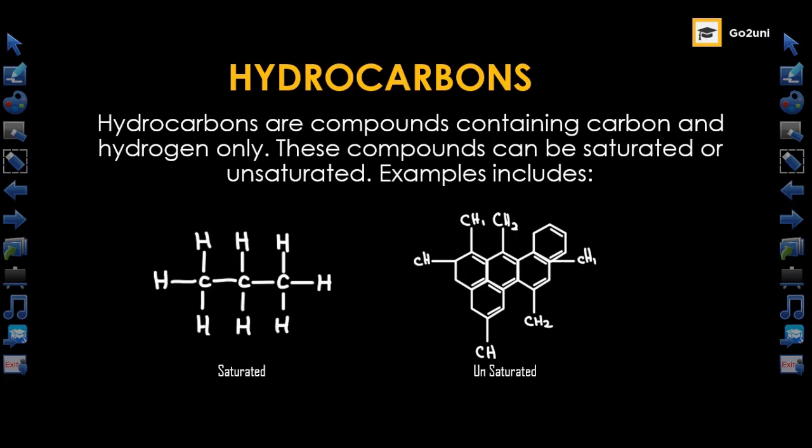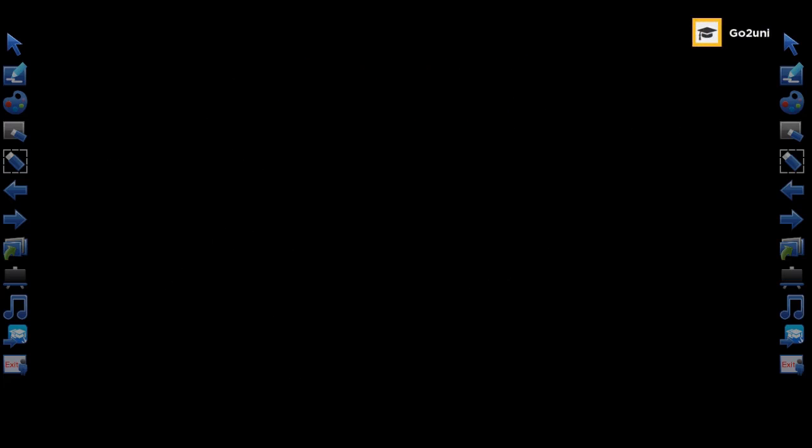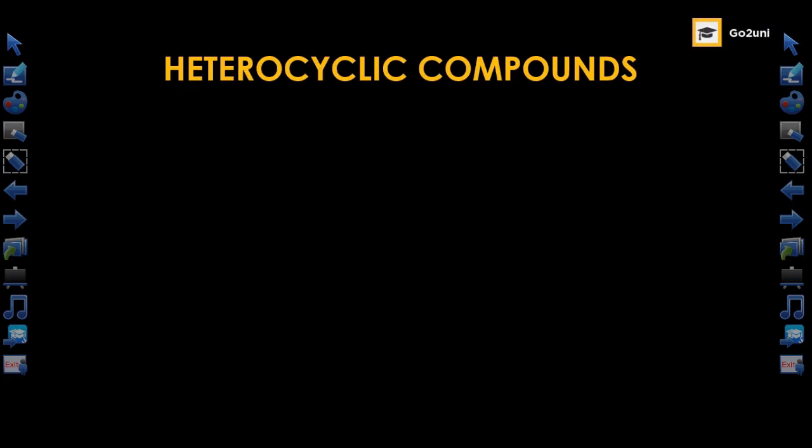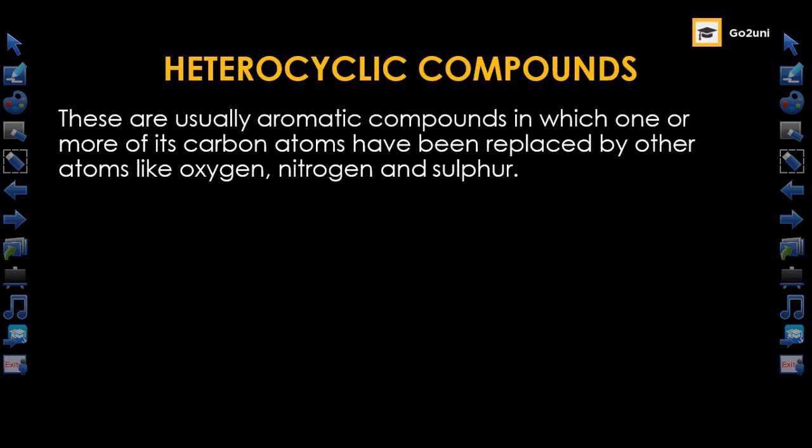Now, away from hydrocarbons, let us look at the next kind of classification of organic compounds called heterocyclic compounds. What do we mean by the term heterocyclic compounds? Heterocyclic compounds are usually aromatic compounds in which one of the carbon atoms has been replaced by another atom, which could be sulfur, oxygen, or nitrogen.